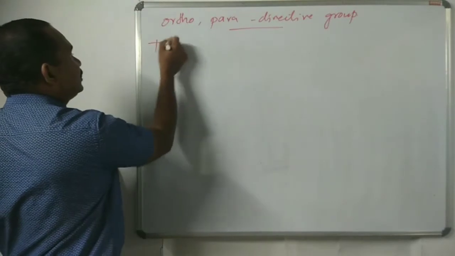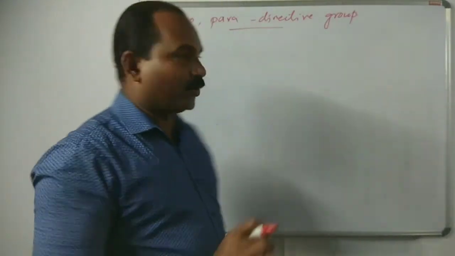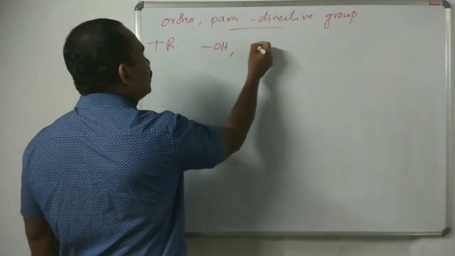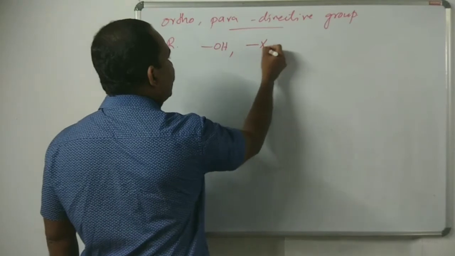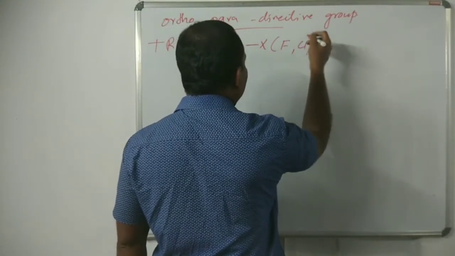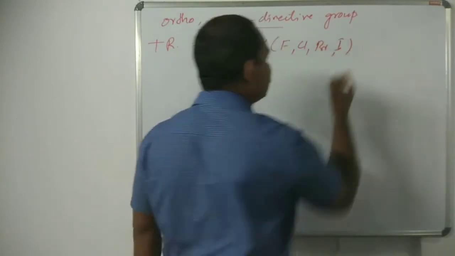The positive resonance groups, plus R groups. What are the plus R groups? OH, halogens: fluorine, chlorine, bromine, iodine.